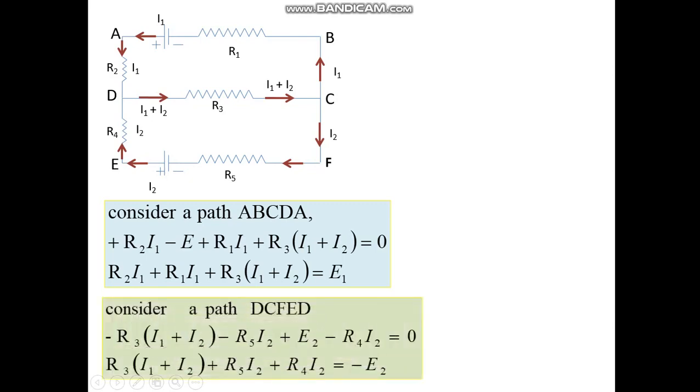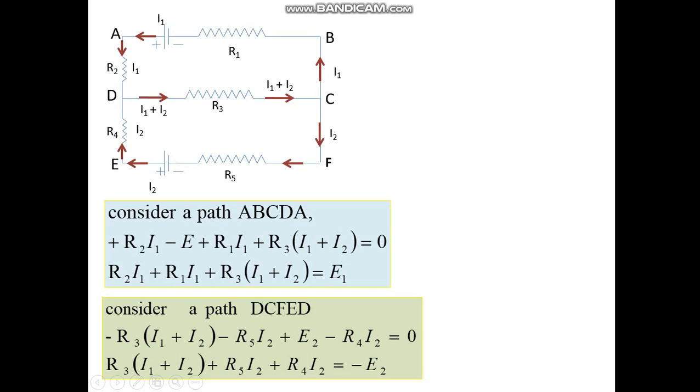Now let us consider the path DCFED. The potential difference across R3 will be R3 into I1 plus I2. Then across R5 will be R5 into I2.